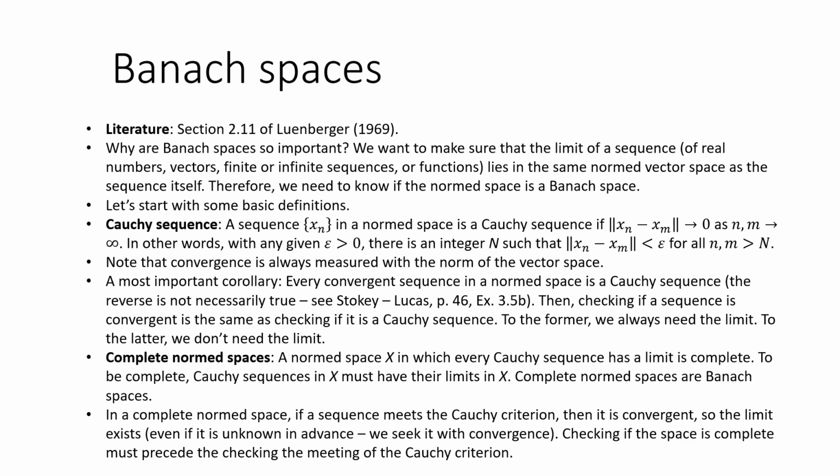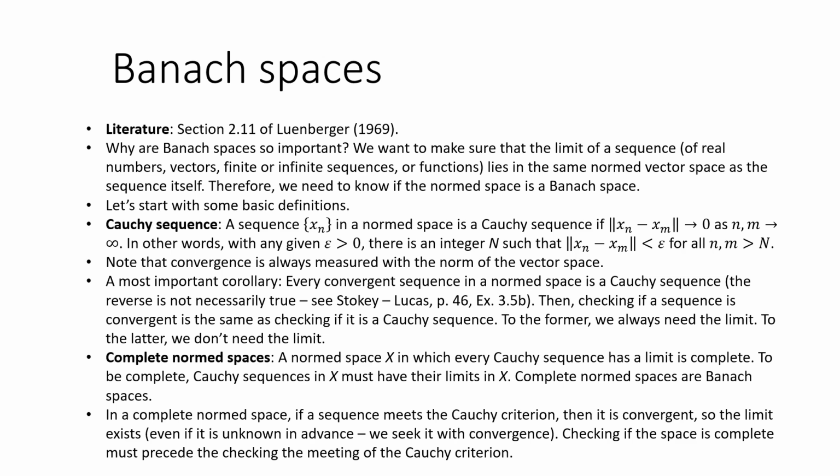So for any positive epsilon, we can find a capital N index such that the difference between elements with indices over this capital N will be smaller than epsilon. It's simpler to write the criterion than to spell it.